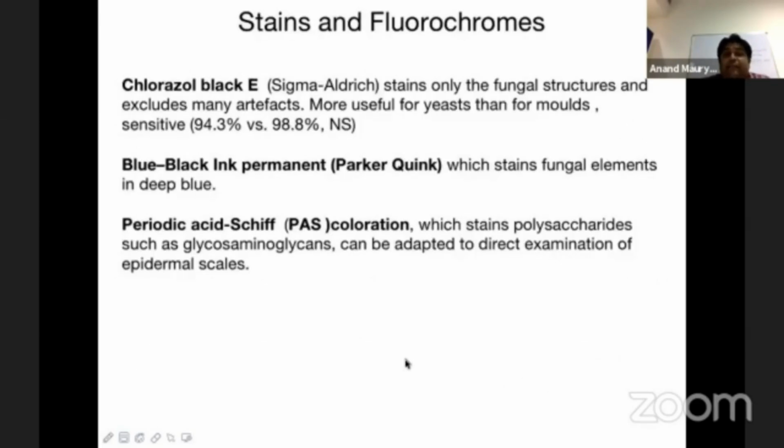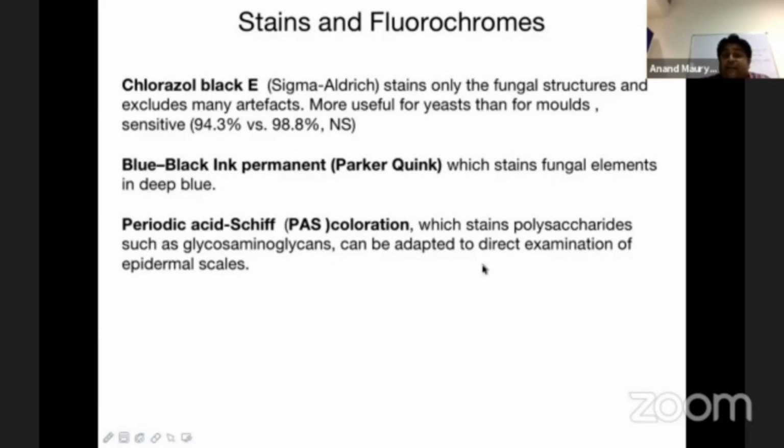Regarding stains and fluorescent dyes, this was already covered, but we will take some of the names because we are giving a lecture on dermatophytes. There is chlorazol black E, a stain for fungal structures, which exhibits many artifacts. It is most useful for yeasts, then molds. There is blue black ink, called purple pink, which stains fungal elements deep blue.